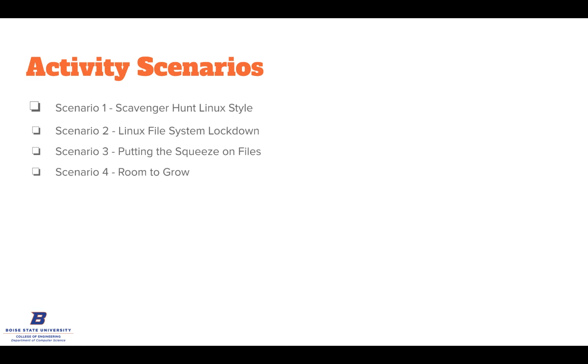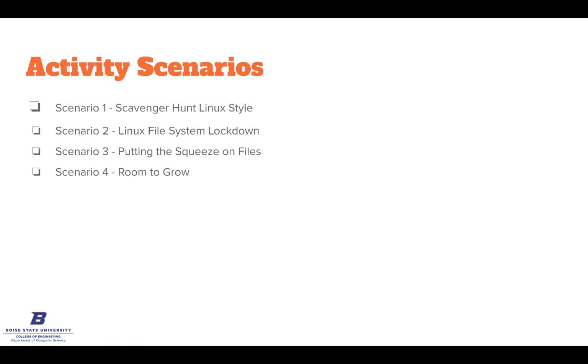Scenario 2 is called Linux File System Lockdown. This is going to walk you through file directory permissions and groups. Scenario 3, putting the squeeze on files. We'll talk about how you can pack up files and compress them to shrink the size because this is a common thing that developers want to do.